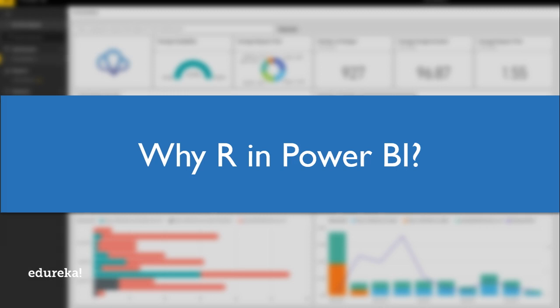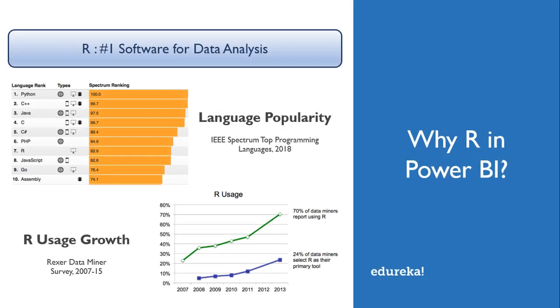First up, let's talk some stats, because R is a statistician's language after all. R over the years has been the number one software for data analysis. Apart from that, it is also the seventh most popular programming language being used as of 2018 according to IEEE.